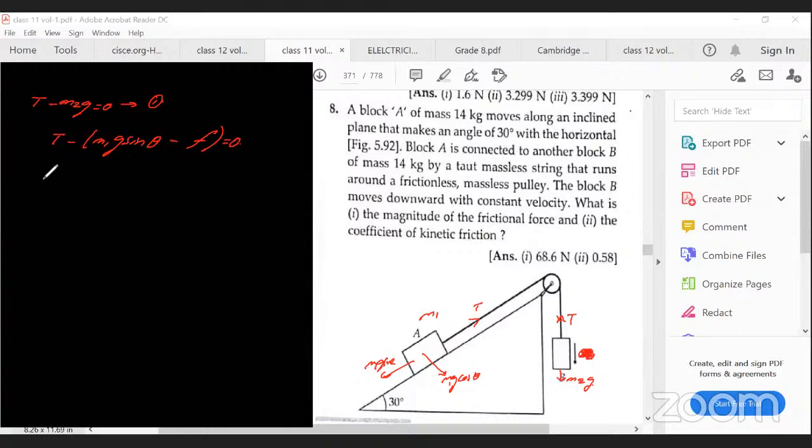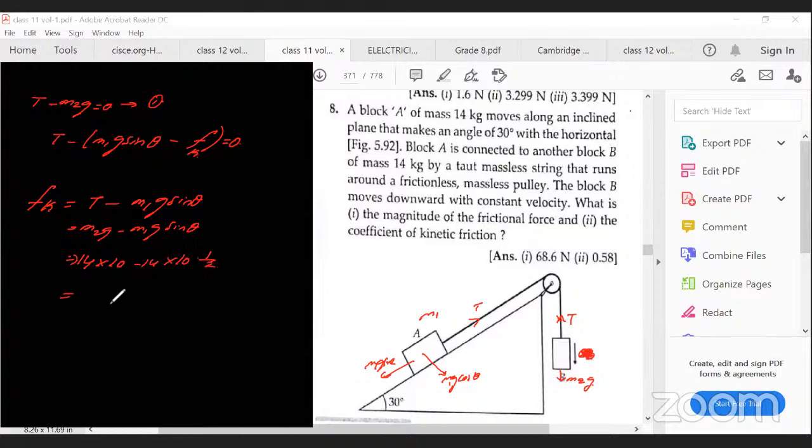Now let's find out Fk, the kinetic friction. From the first relation, we know T is M2g. So Fk is equal to T minus M1g sin theta, and T is M2g, so it is M2g minus M1g sin theta. Now substitute the values: M2 is 14 kg, so 14 into 10, minus M1, also 14 kg, into 10 into sin theta. Sin theta is equal to 1 by 2.